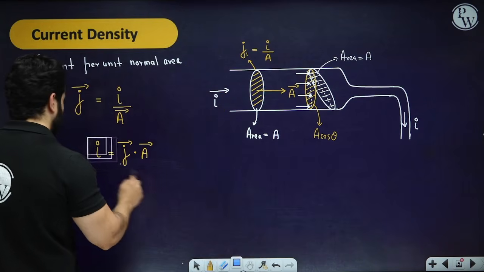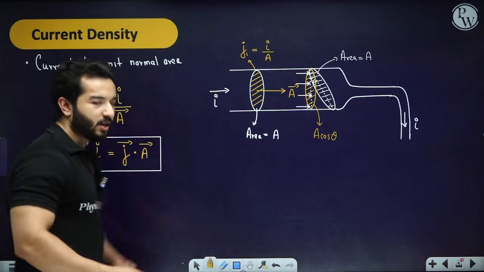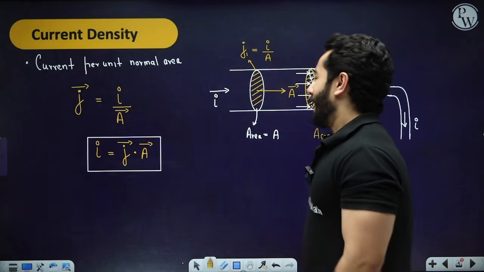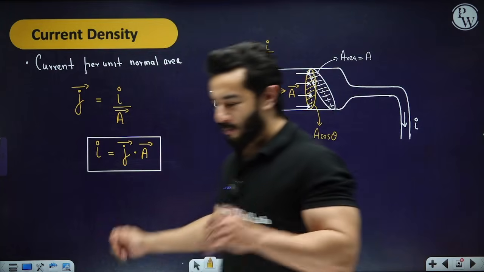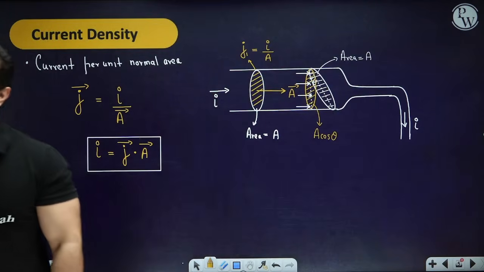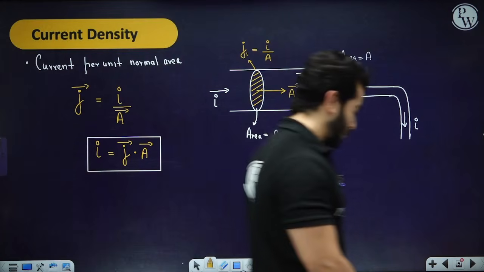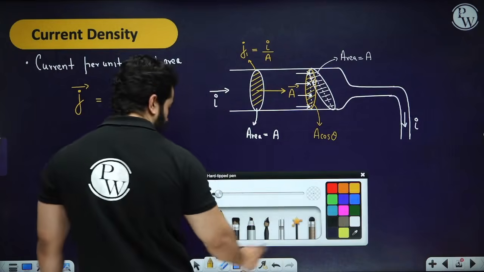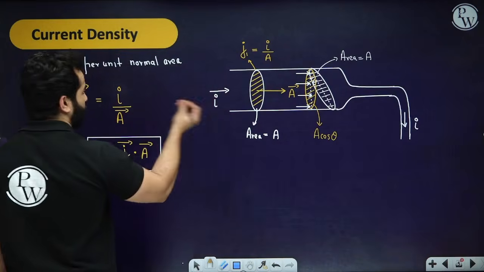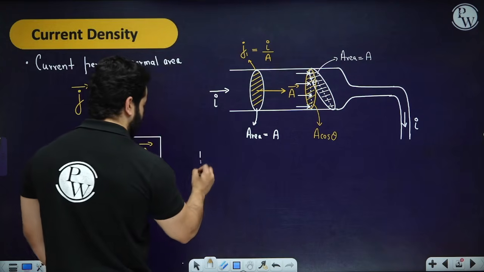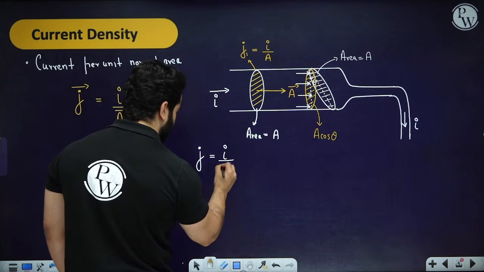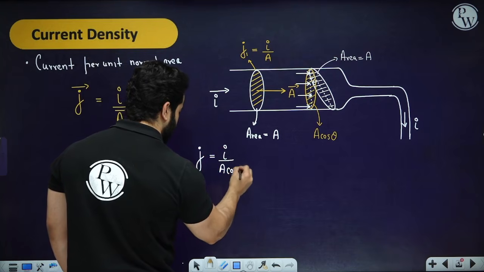Let's not waste a lot of time talking about vector and scalar here, but still, this is a way better explanation than just saying that current doesn't follow the law of vector addition. Also, the magnitude of J can be written as I upon A cos theta. Same thing.